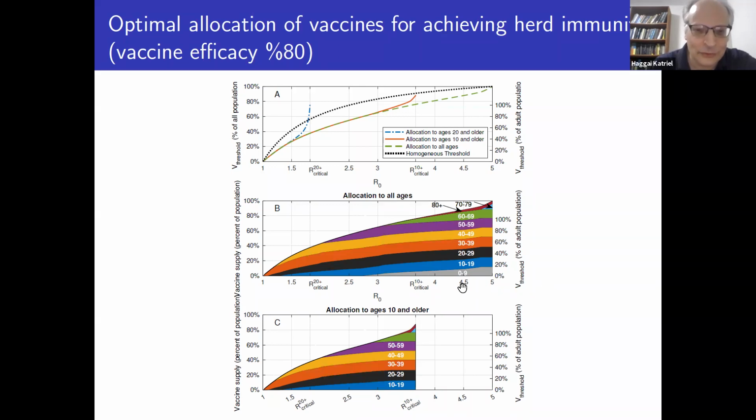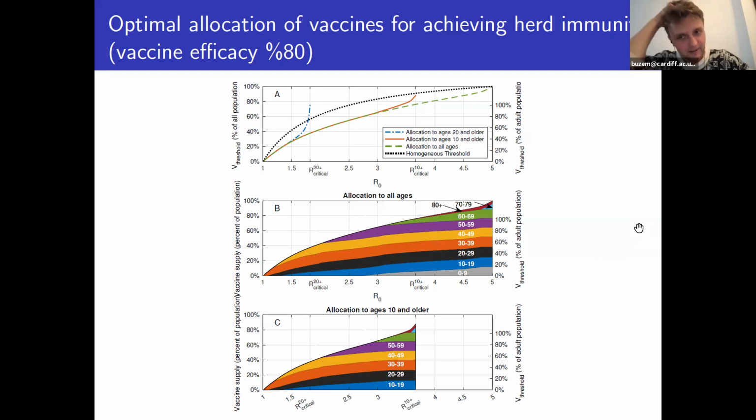And this is not what was done, and I think wisely, because if you aim for herd immunity through vaccinations, and if our calculations are wrong, if our estimate of R naught is wrong, if something is wrong, and you leave all the older people unprotected, then you're in a very, very bad situation. So the policy in all countries was not to go for herd immunity, but first of all to protect the most vulnerable.